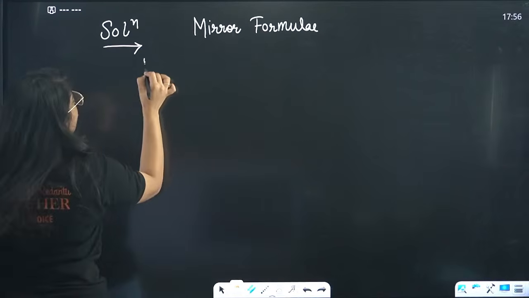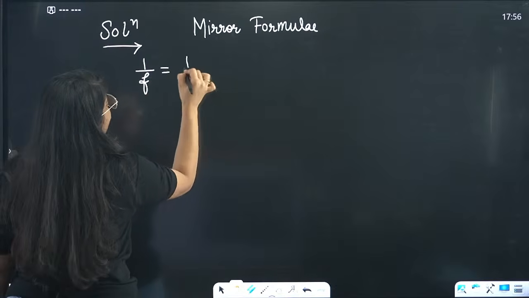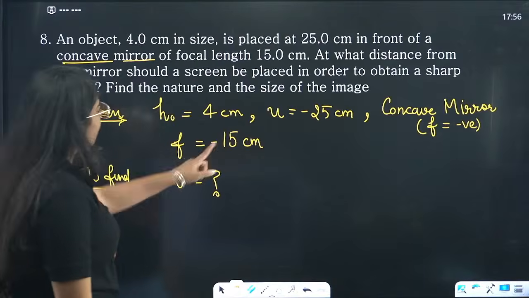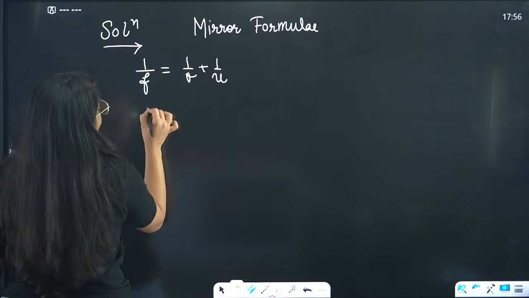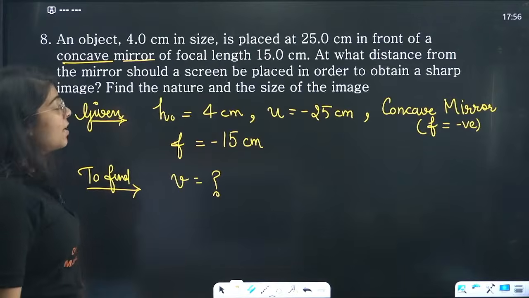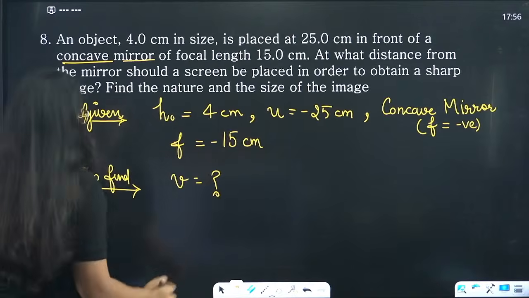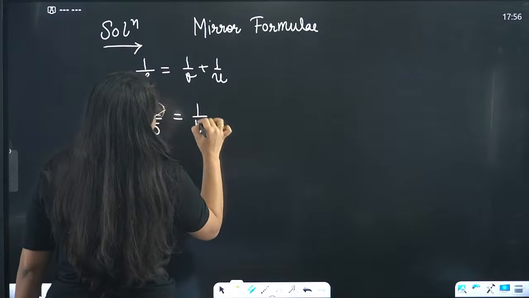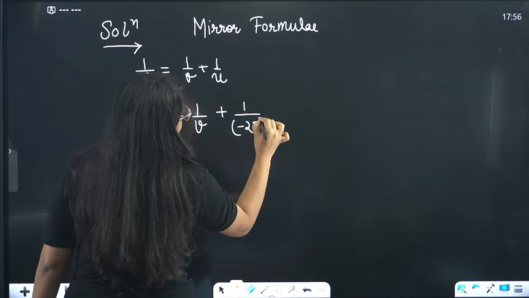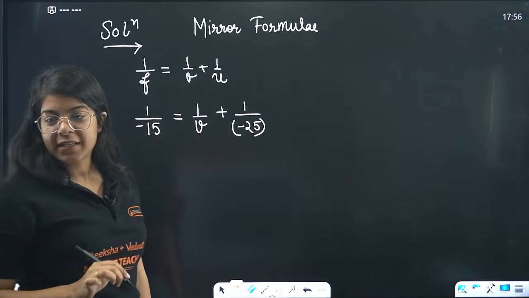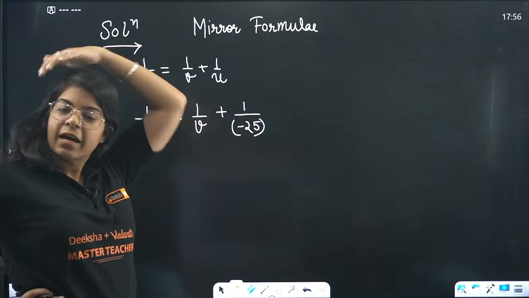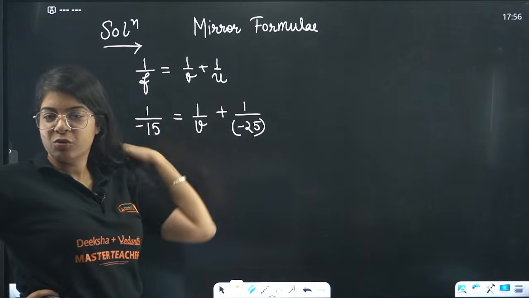Let me write it here. 1 by F equals 1 by V plus 1 by U. Now what is the focal length? -15. 1 by -15, 1 by V. V we have to find and U is -25. 1 by V, that we have to find, plus 1 by -25. That is done. Image formed is real and enlarged and height of object is +4 centimeter.